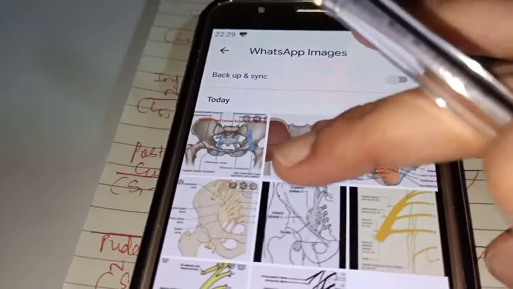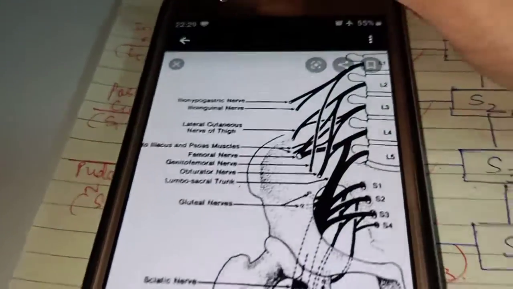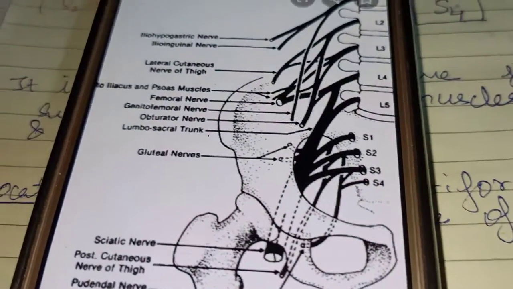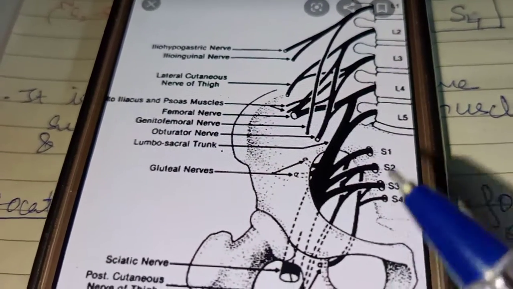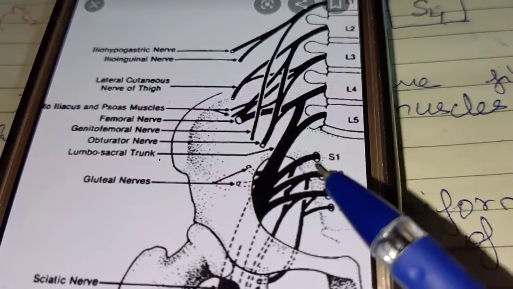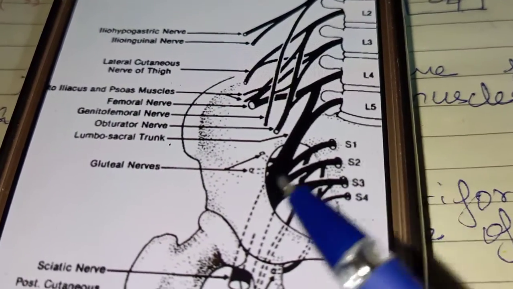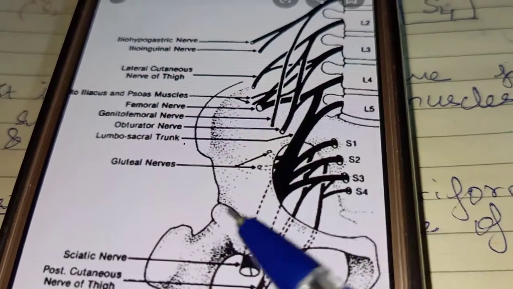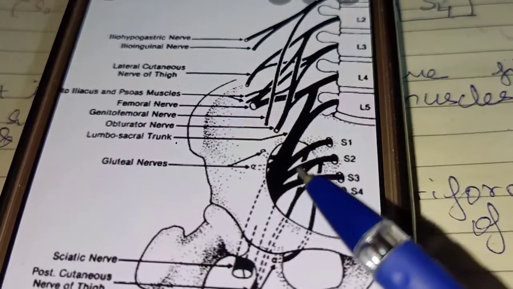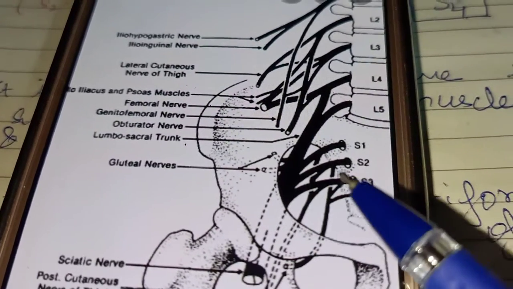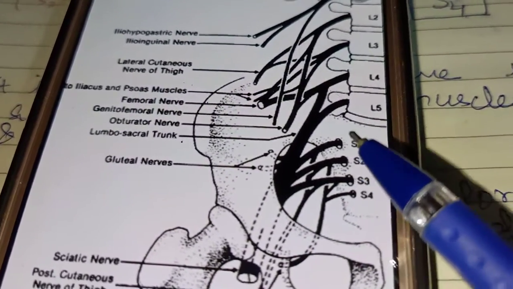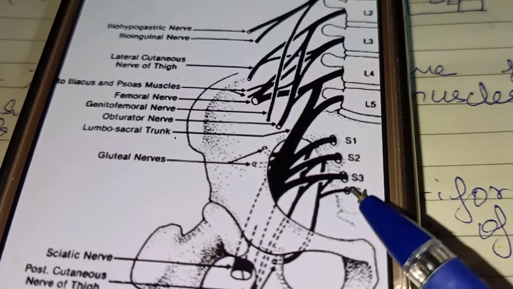If you see in this diagram, the sacral plexus begins from the anterior rami. This is anterior, students. So this is the anterior rami of the sacral spinal nerves S1 to S4.